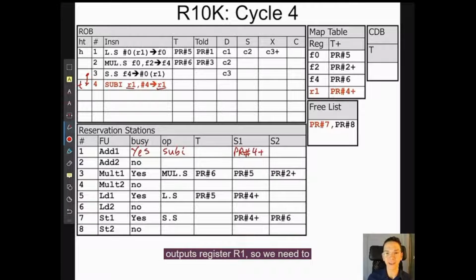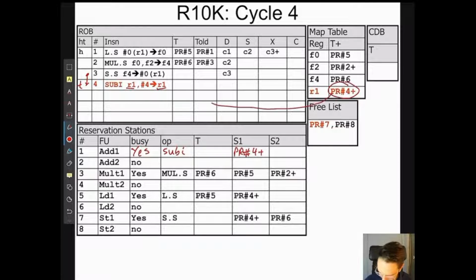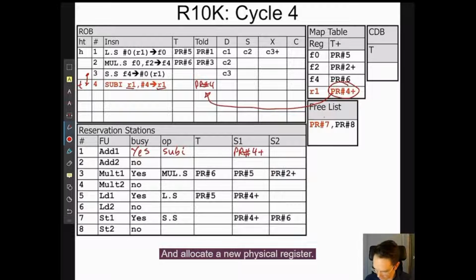So we need to allocate a new physical register, update the map table, and record the old and new tags for register name R1. So we copy the old tag, and allocate a new physical register, so number 7, let's say, update the map table with physical register number 7 and clear the ready bit since the value has not yet been produced.